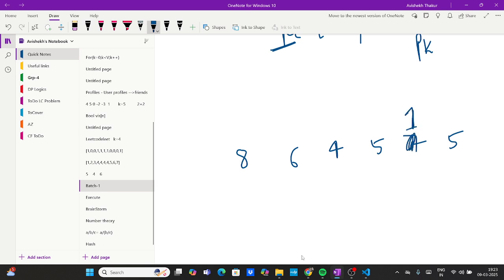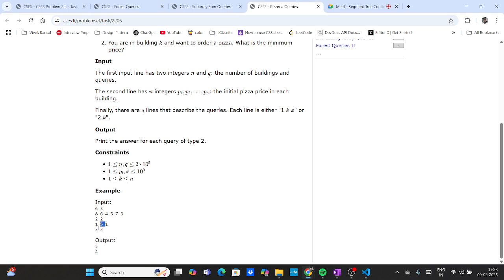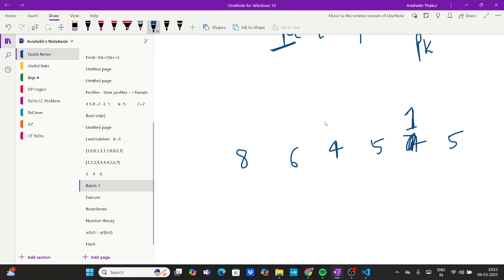Now the thing is you have to get it from building 2. You are staying at this building and want to bring a pizza. Which is the best place to order? So now the value will be 1 plus 4 minus 1 for this answer.